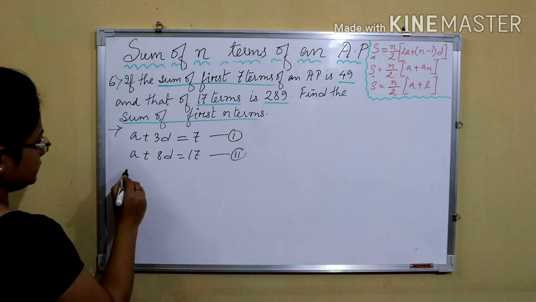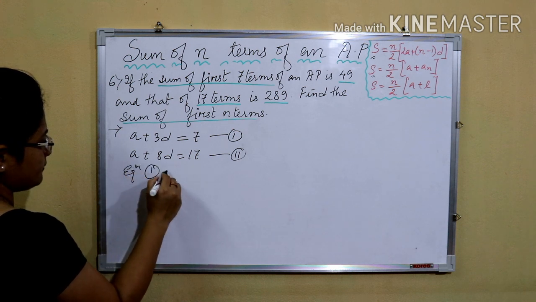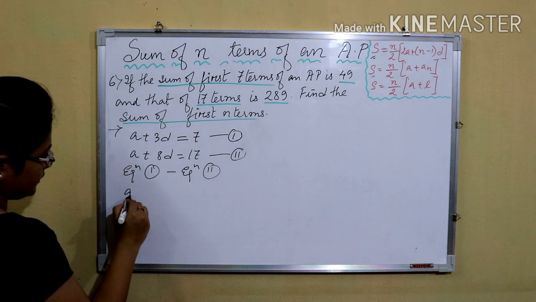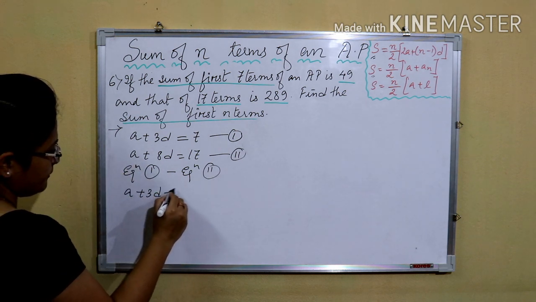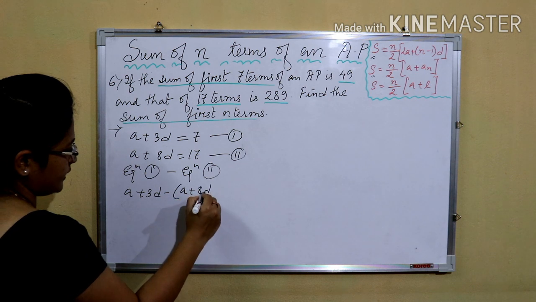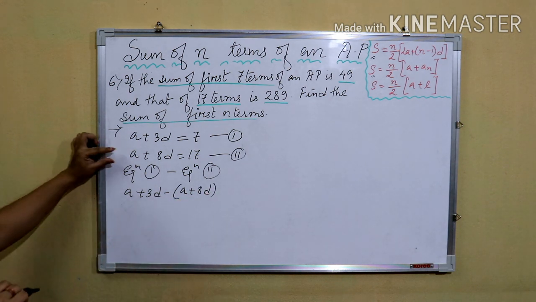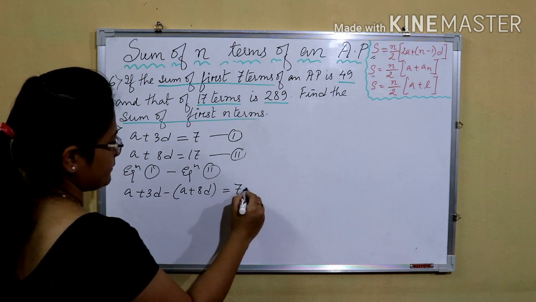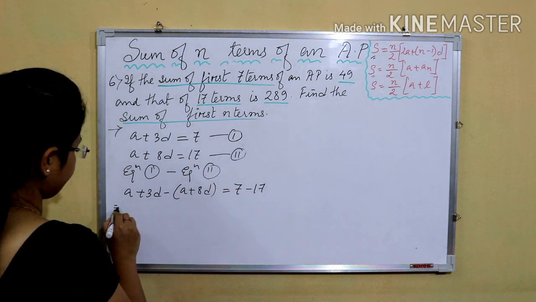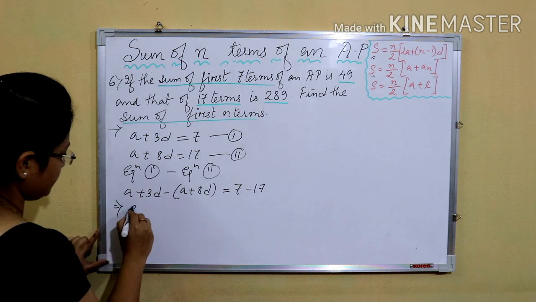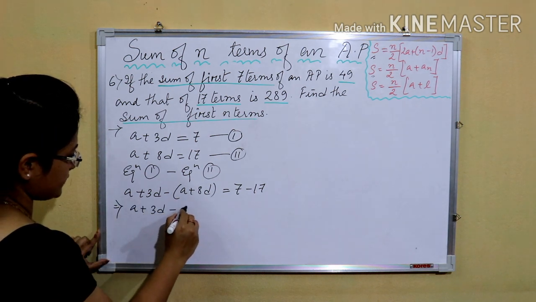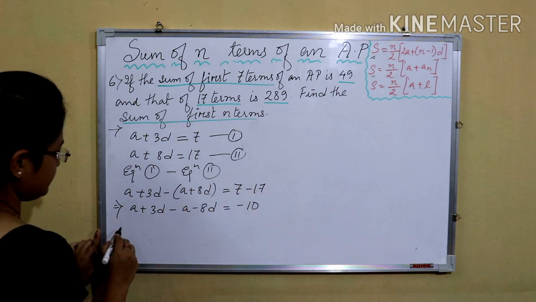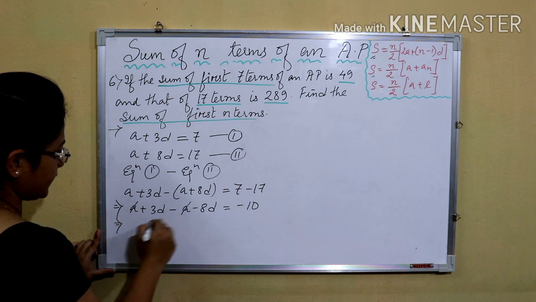So suppose equation 1 minus equation 2. Left hand side minus left hand side. So (a plus 3d) minus (a plus 8d). The second equation's left hand side will be within bracket. 7 minus 17 on the right hand side. a plus 3d minus a minus 8d equal to minus 10. 7 minus 17 is minus 10. a will be cancelled.